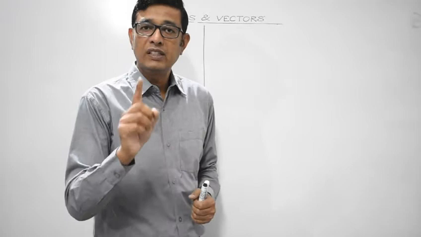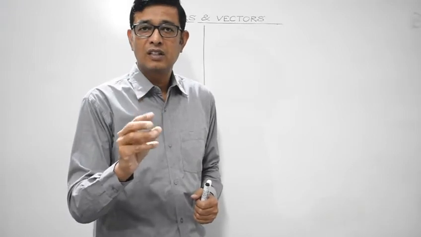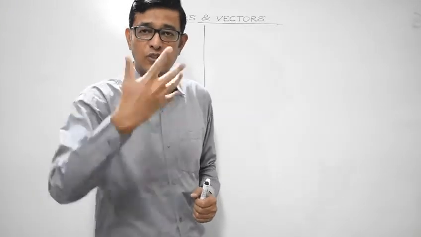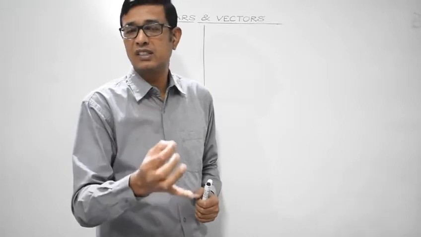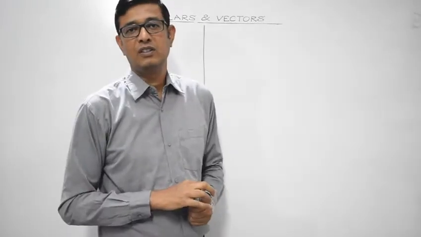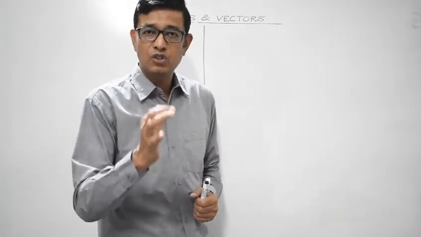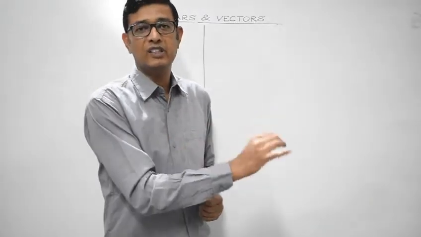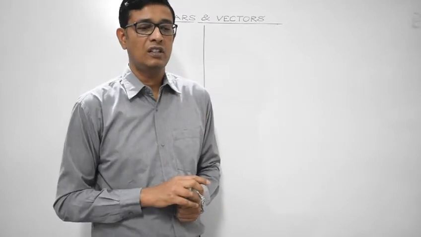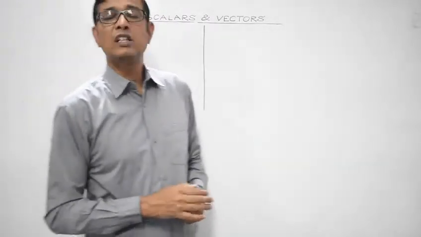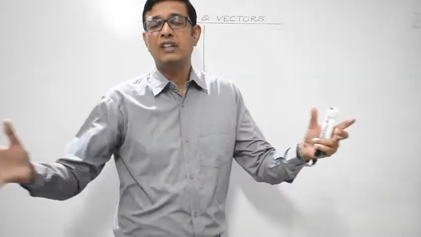A physical quantity is a quantity in terms of which the laws of physics can be expressed. So these are the quantities in terms of which the laws of physics can be expressed. That's a physical quantity. Now, physical quantities can be divided into various categories.